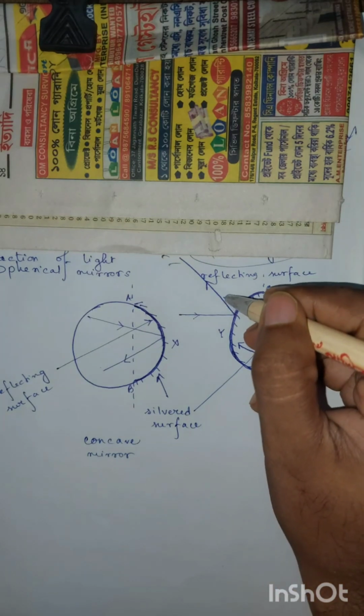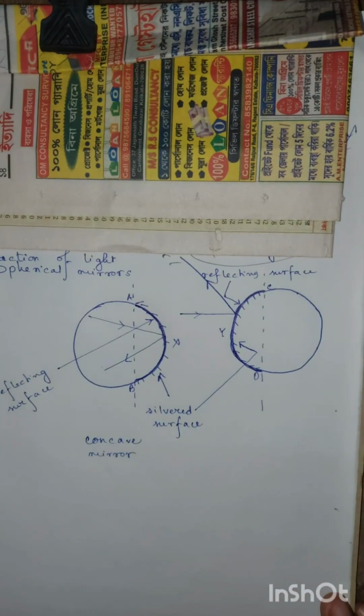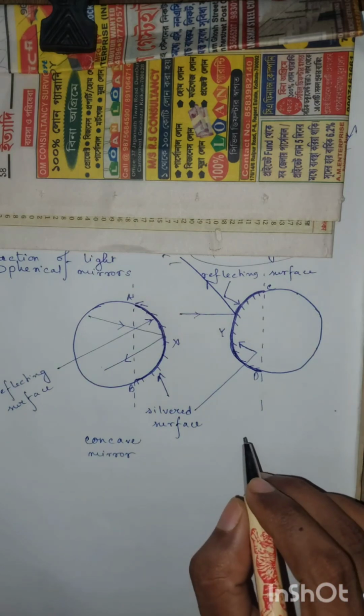Okay, so this kind of mirror is called a convex mirror.